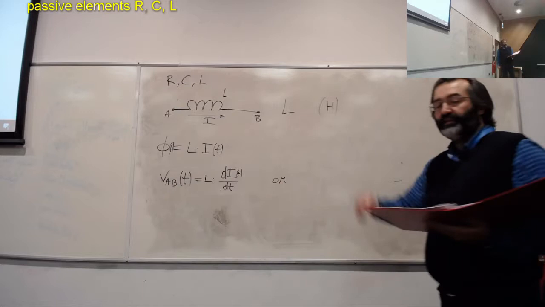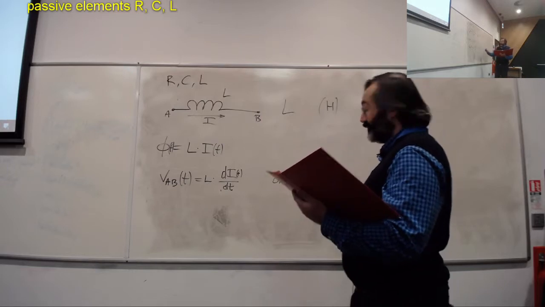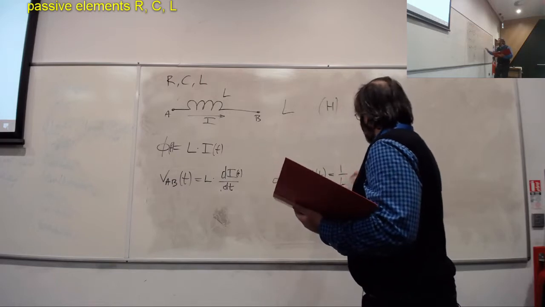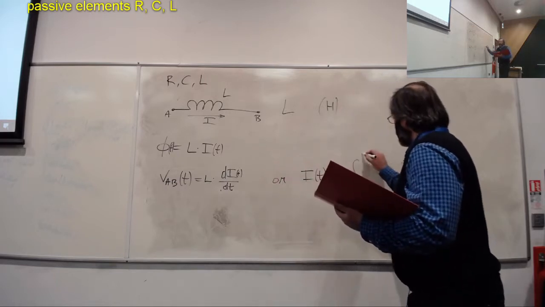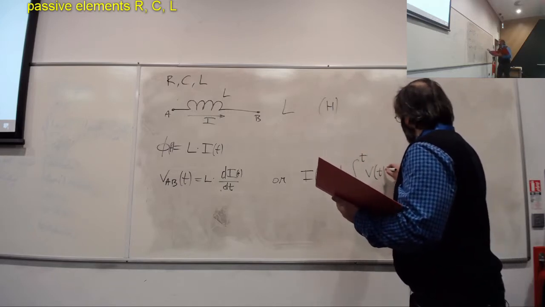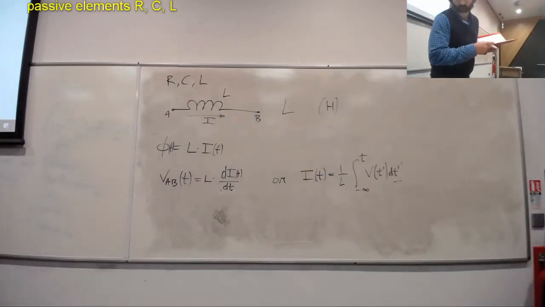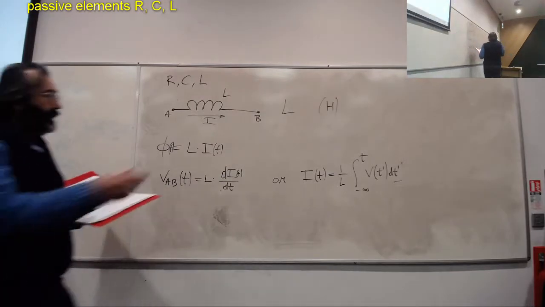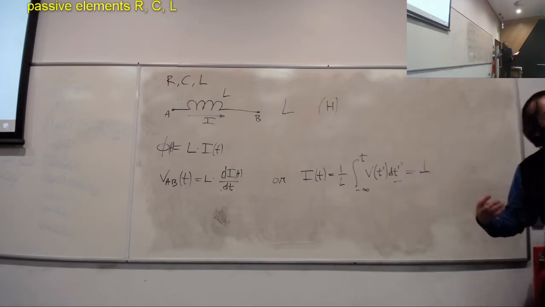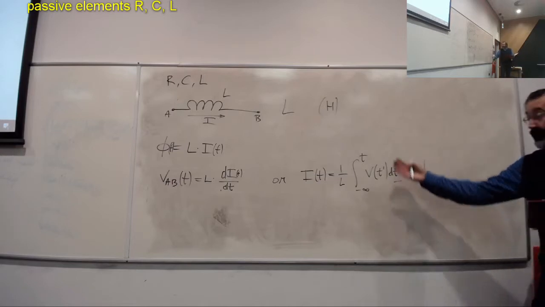There is always, for these systems, the capacitor and the inductor, an integral and a differential form. So the integral form is I equals 1 over L integral of V. Okay, so again, as we did previously, we can write this one to explicitly emphasize the initial conditions, that this is a system that has memory, as we said previously.